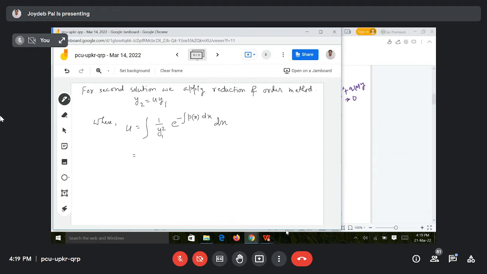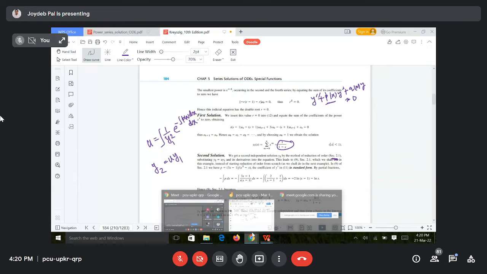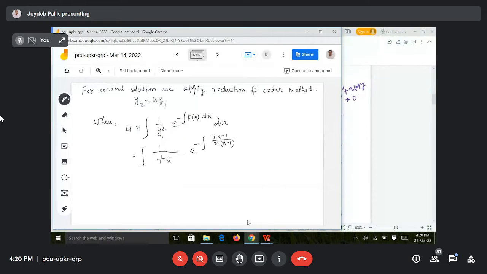Now what is y1 square? 1 by y1 square, that we got 1 by 1 minus x, and e to the power minus, what is px? 3x minus 1 divided by x into x minus 1, right? dx. Now I think you can do that integration, right? Integration 3x minus 1 divided by x into x minus 1.